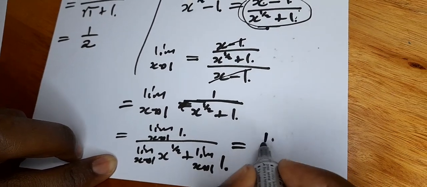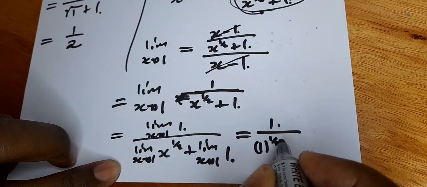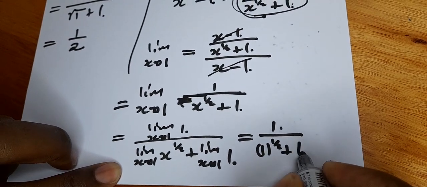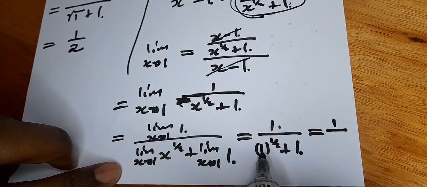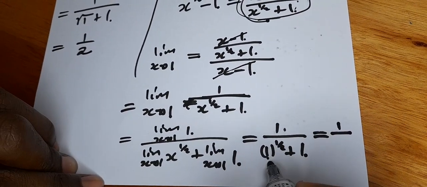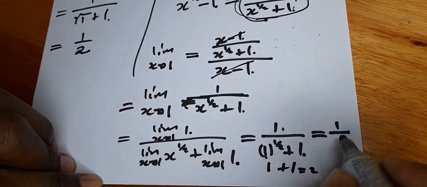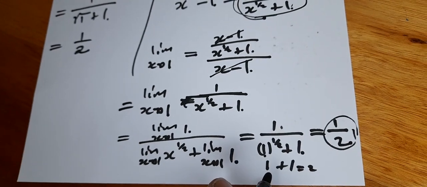This is equal to 1 all over 1 to the 1 over 2, and then plus 1. So this is equal to 1 all over, 1 to the power any number is equal to 1, then this is 1 plus 1, which is equal to 2. Then we have 2. Then that is your answer.